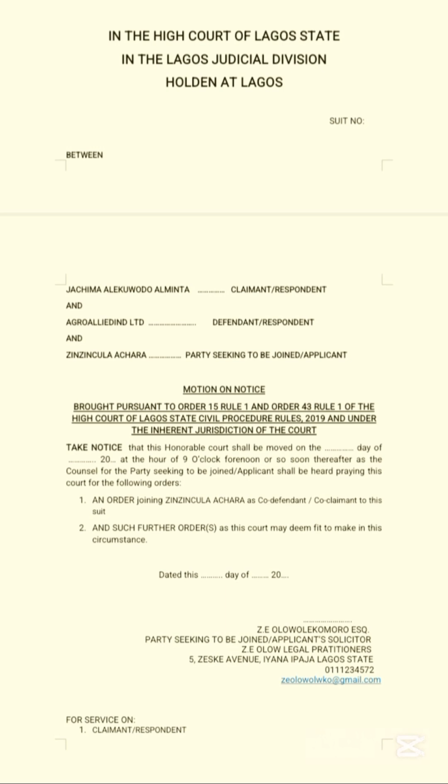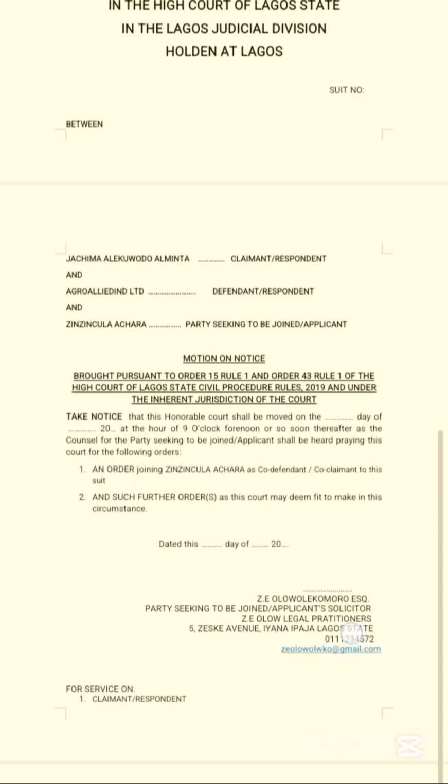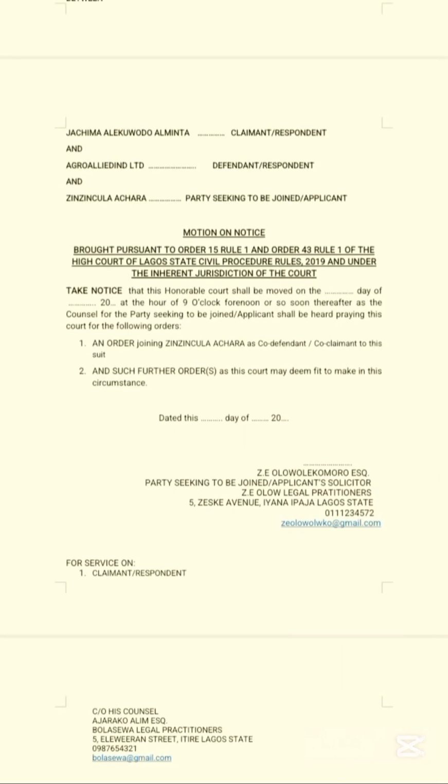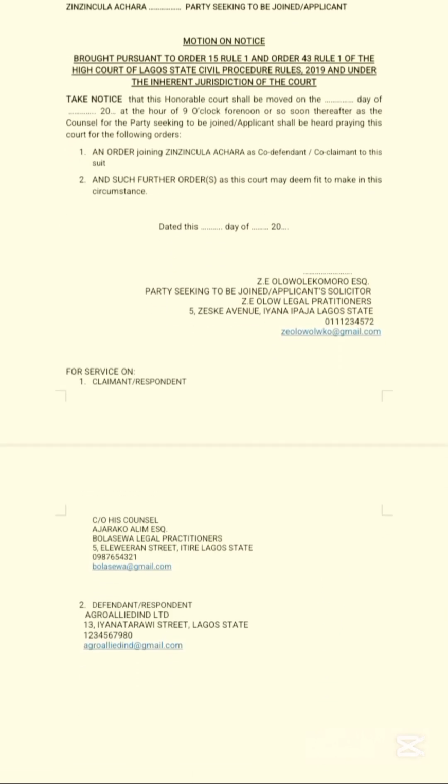Do you understand? So then the order remains the same, then the dated this dash day of dash, then the signature, don't forget, of the lawyer, the name of the lawyer, the designation of the lawyer, the party seeking to be joined or applicant /applicant solicitor, then the address and every other thing that needs to be written.